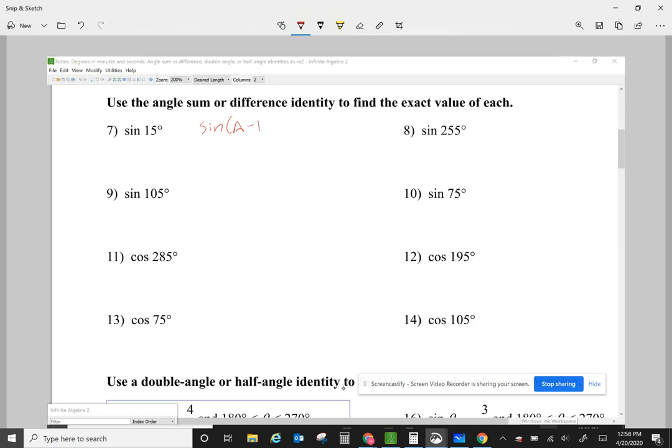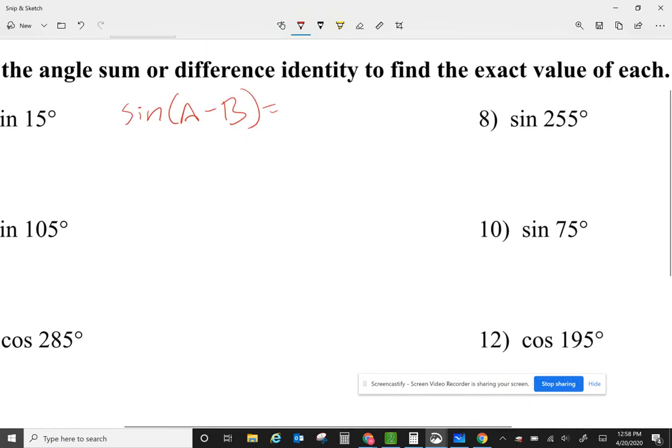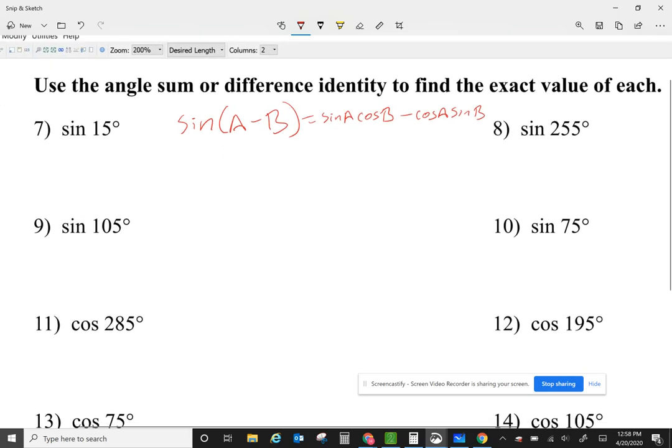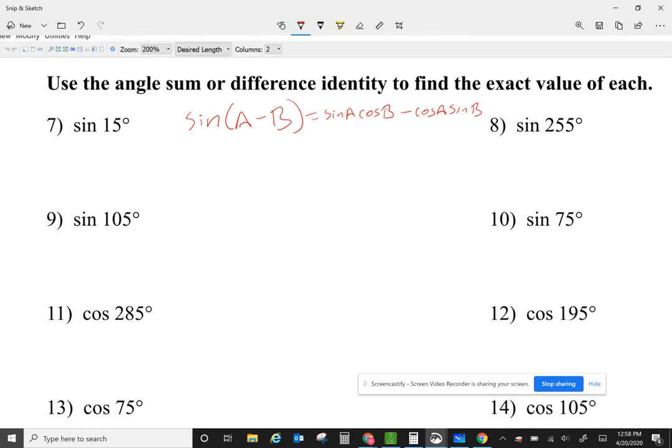Remember I said A minus B. For subtraction, the formula is sine of A cosine of B minus cosine of A sine of B. Okay. So I'm looking for my angles. Remember your unit circle.